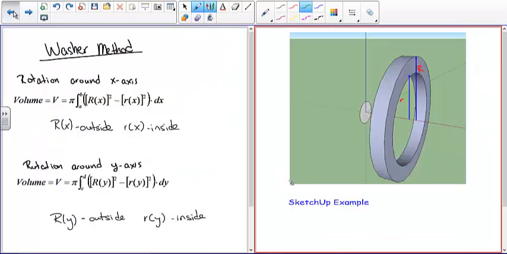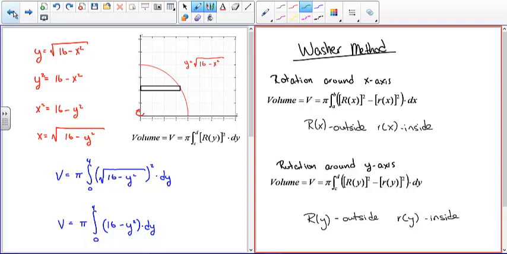So what we have is, if you wanted to know the volume of a sphere, how would you do that? If you look at this problem, you can do it either way. You could do it around the x-axis or around the y-axis. This one's showing you how you would do it around the y-axis, but you get the same answer.